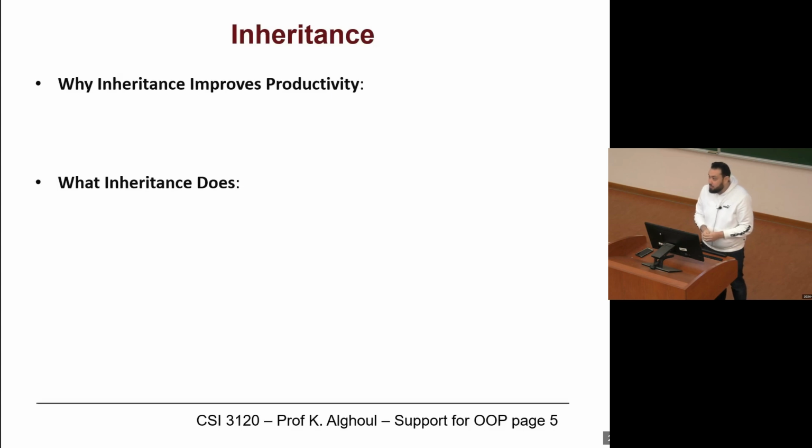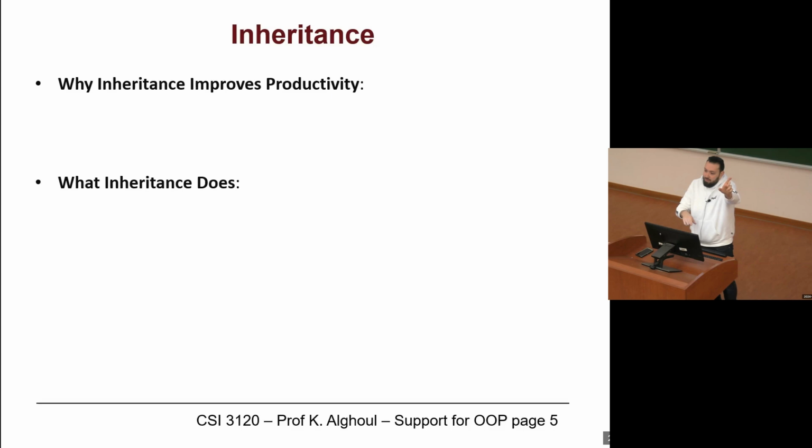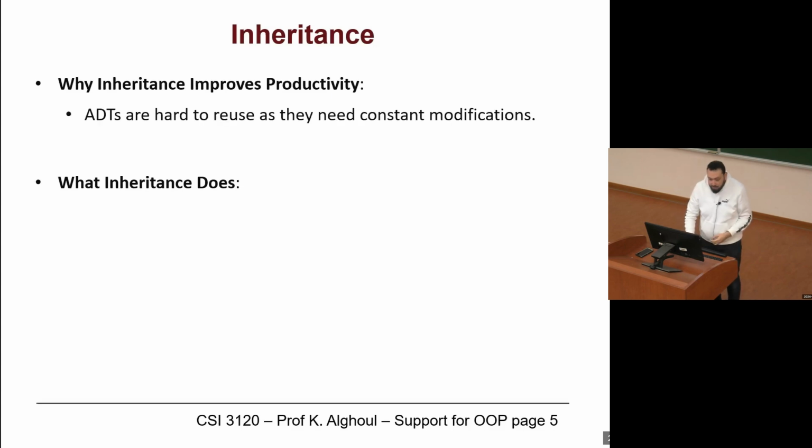So instead of having an abstract data type of animal, and then an abstract data type of dog, and an abstract data type of cat, where animals eat and make a sound, now you have to also define these in the abstract data type of the dog. Also, you have to do it in the cat. So abstract data type is very good, but when you add inheritance to it, you're improving it because you can reuse the code right away. ADTs are hard to reuse as they need constant modification.